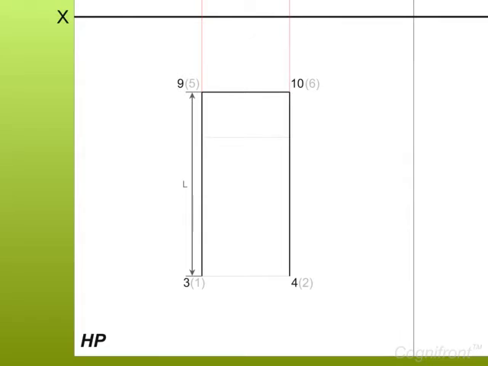Then a line 9, 10 is drawn below and parallel to the reference line XY. Next, draw the lines 9, 3 and 10, 4 equal to the length L and join line 3, 4. This rectangle is the required top view.